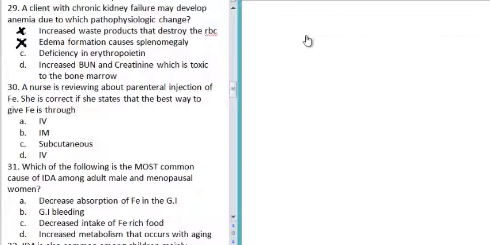Answer: letter C. Because if a patient with kidney failure doesn't have any erythropoietin, there's no stimulation of RBC production. Remember, erythropoietin is the one that stimulates RBC production. C is the answer.